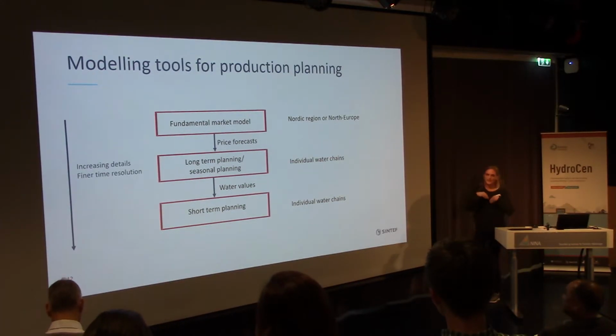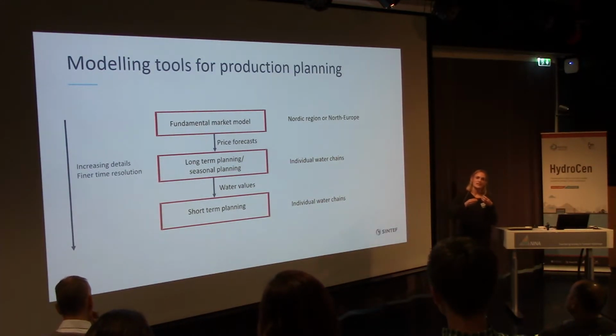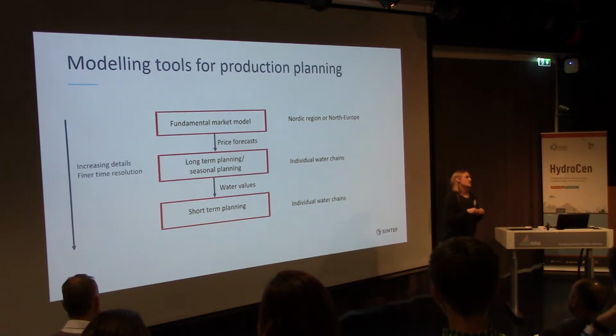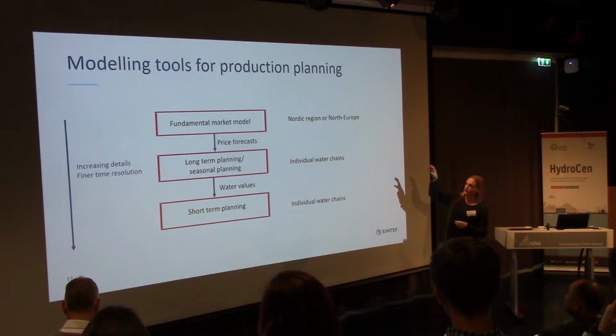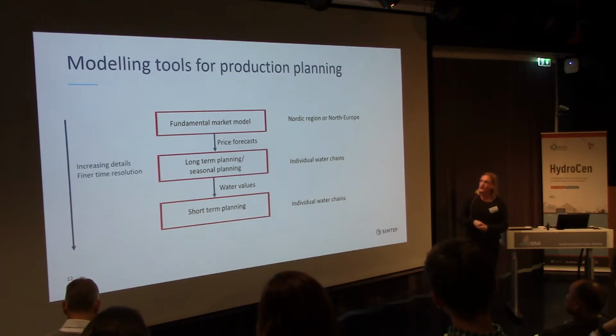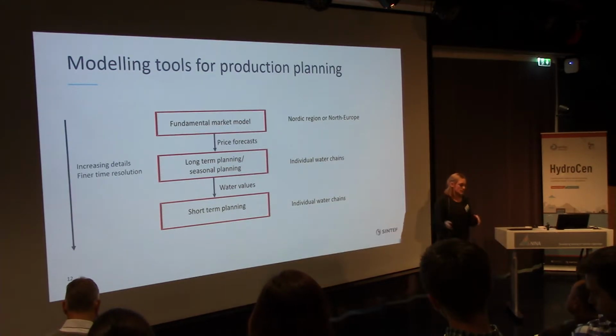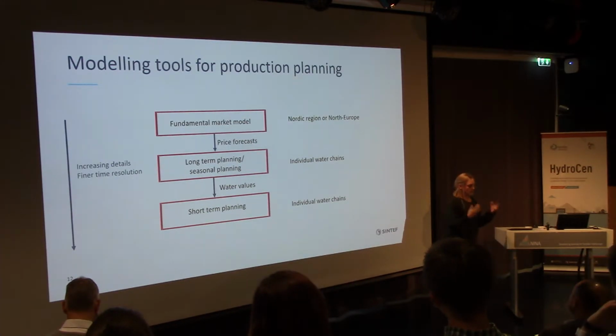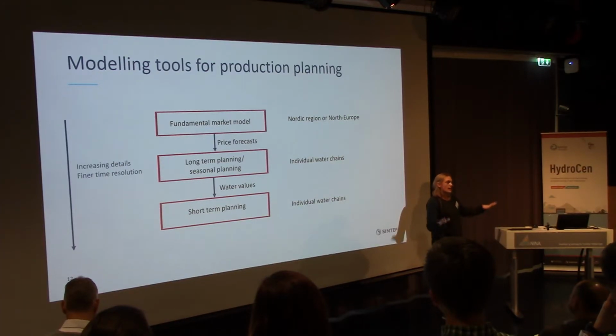Yeah, so as you might already have understood a little bit, we have different types of models for production planning because we do different kinds of simplifications. So we could look at a large region like the Nordic region, and we can have a fundamental market model. That means that we have a market clearing, so we model the demand side and we model the production side, and they need to balance out.